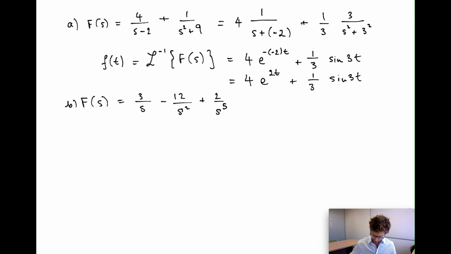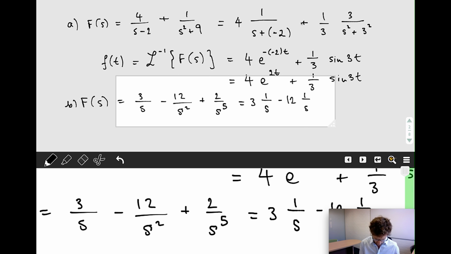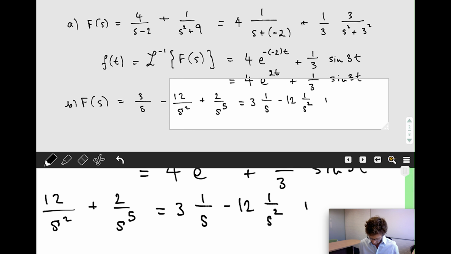So we can now rewrite our function so it looks like those entries. This is going to be equal to 3 times 1 over s, minus 12 times 1 over s squared, plus 2 over s to the power of 5. Now remember that the Laplace transform of t to the power of m was m factorial over s^(m+1).